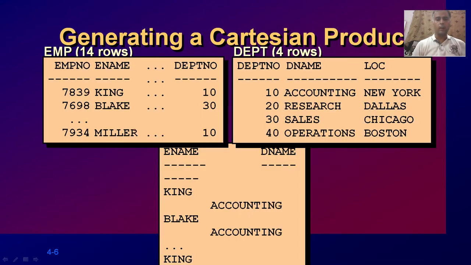Generating a Cartesian product: the employee table has 14 rows and the department table has 4 rows. The first row will be cross-producted with all 4 rows of the department table, and the same way will continue. So 14 times 4, 56 rows, will be generated in the result.